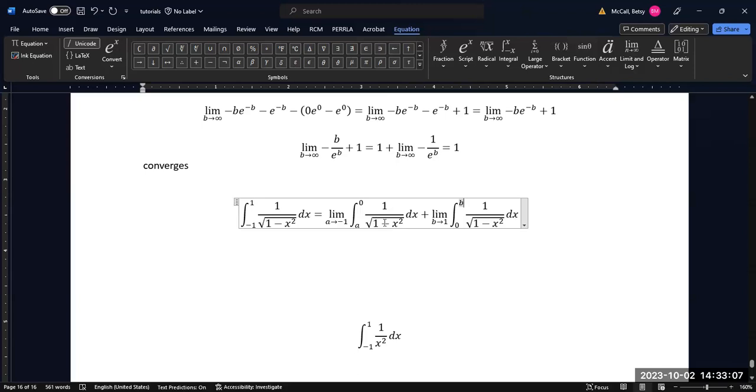And then you do your antiderivatives. In this case, both of these antiderivatives are going to be arcsine.